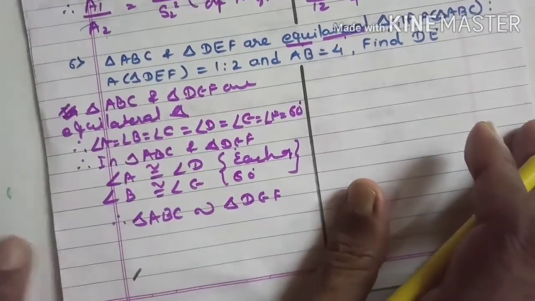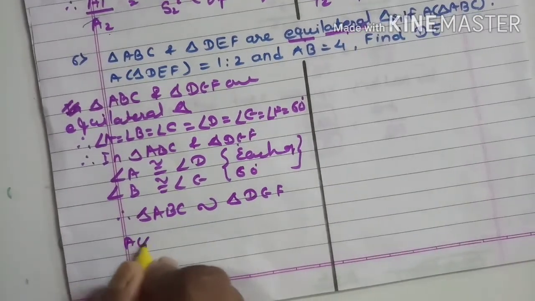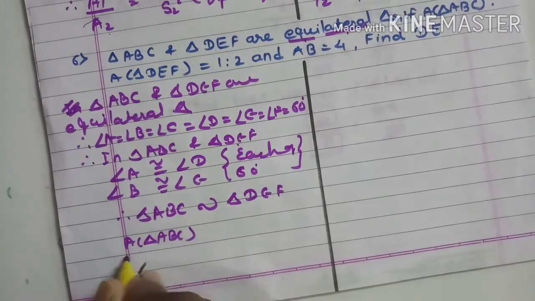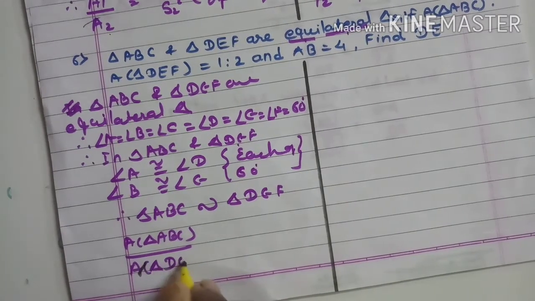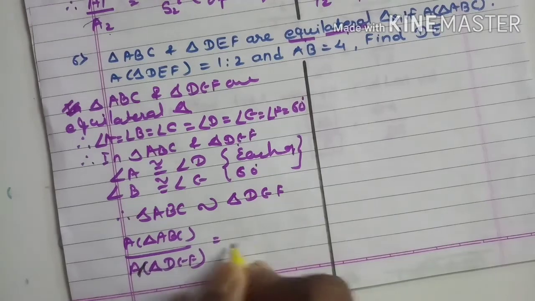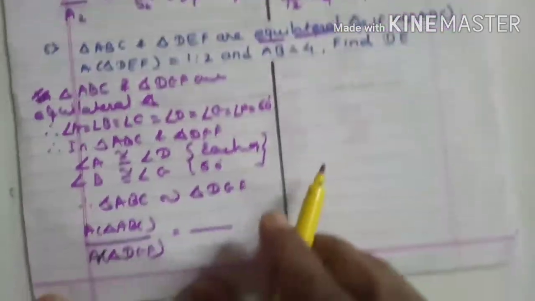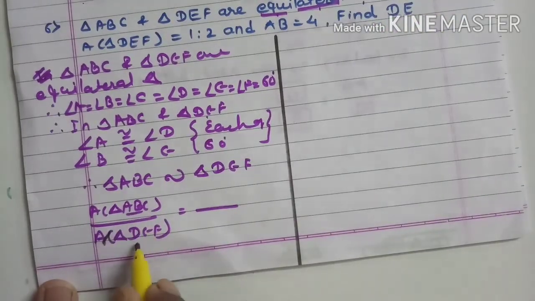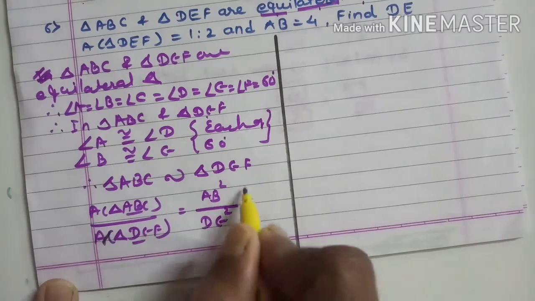Okay, so if triangles are similar, then by the theorem of area of similar triangles, area of triangle ABC upon area of triangle DEF is equal to the squares of the sides they have given, AB and DE. So AB square upon DE square.